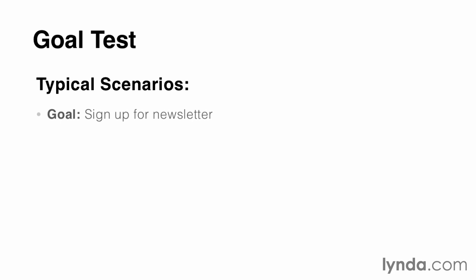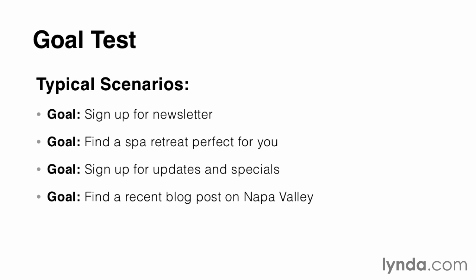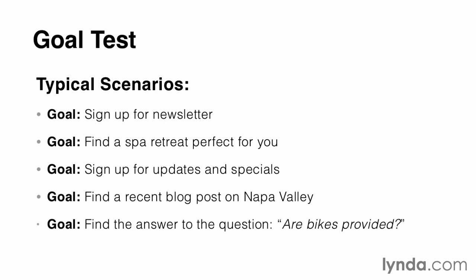So when you're creating these tests, what you want to do is develop scenarios. Scenarios such as sign up for the newsletter, find the perfect spa retreat, sign up for updates or to be notified of specials. You can also create goals that are much more specific and realistic to the information people are searching for. One example is to find the most recent blog post on Napa Valley, or to find the answer to the question, are bikes provided on the bicycling tour?